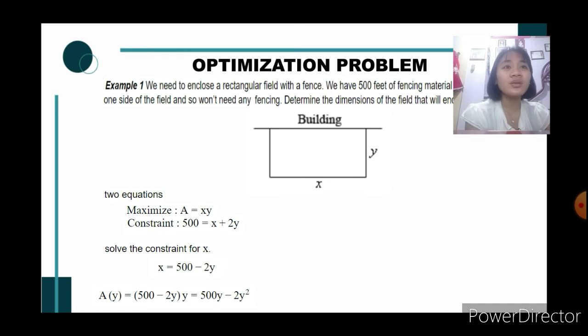Plugging this into the area, the value of the function A with y equal to 125 is equal to 31,250 feet squared. So, according to the method from absolute extrema, this must be the largest possible area since the area at either endpoint is 0. Fine. So, finally, let's not forget to get the value of x.